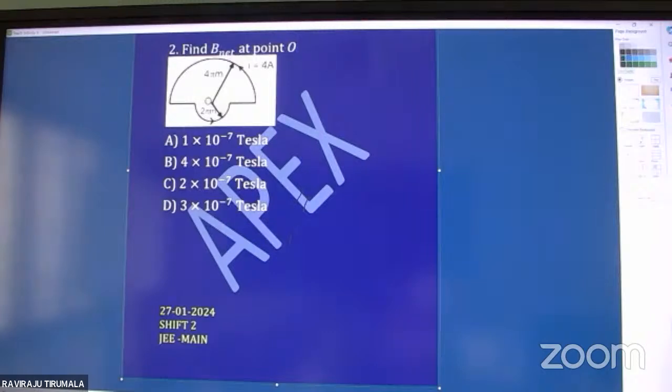Just see the question. On which topic was the question given? Magnetism. What is the name of the chapter? Moving charges and magnetism.